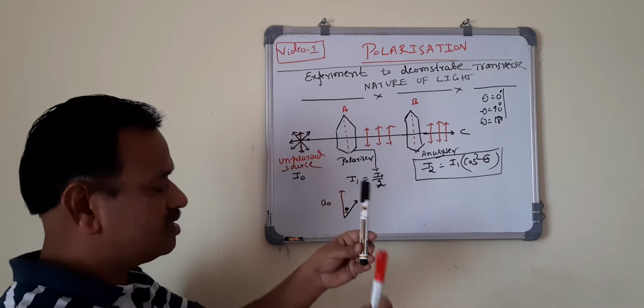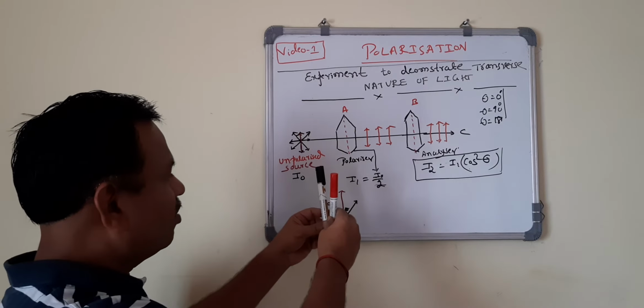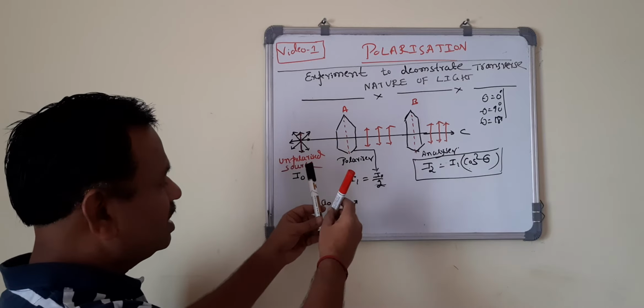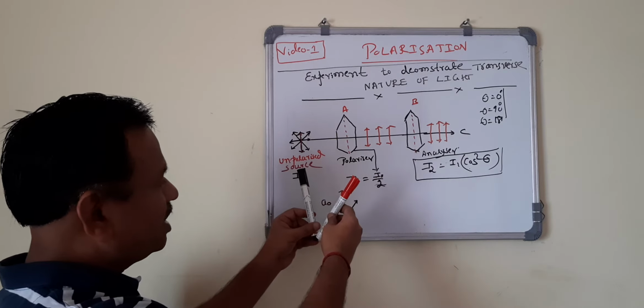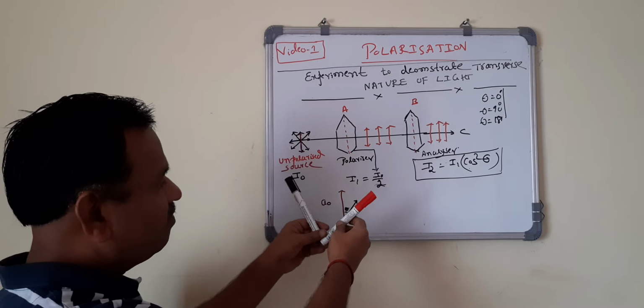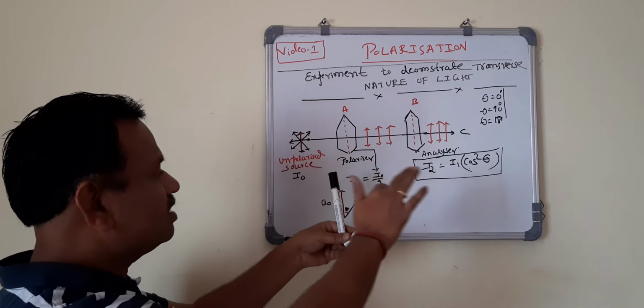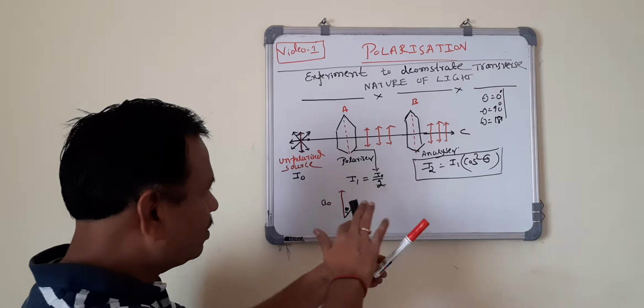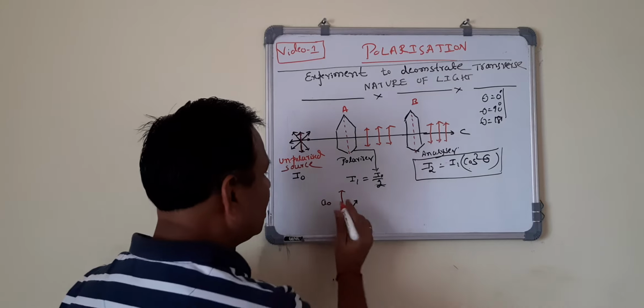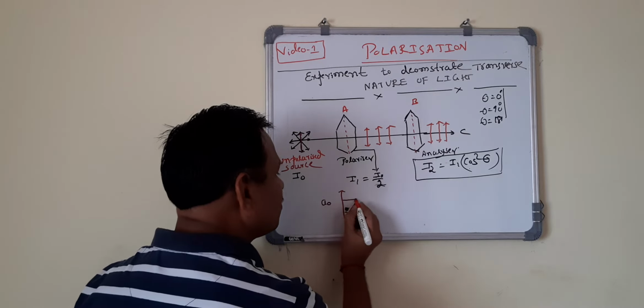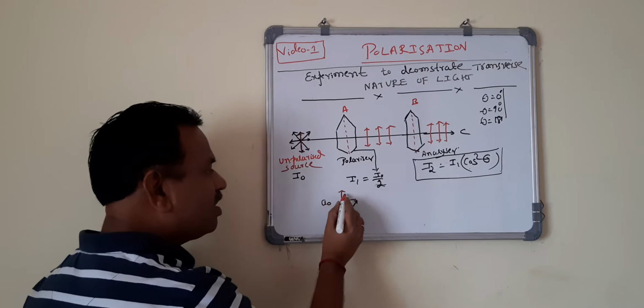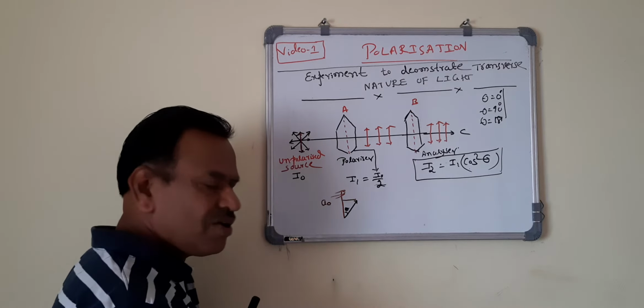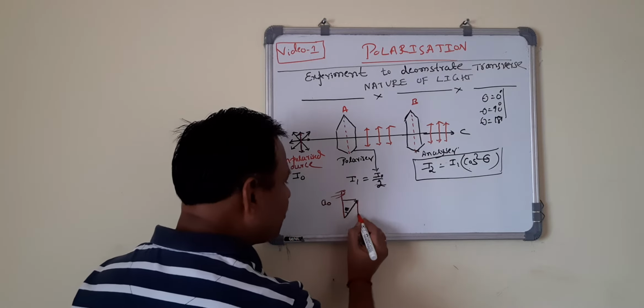Now, this is the rotated position. It will cut off this portion; light will be cut off here. Now I will draw the perpendicular.